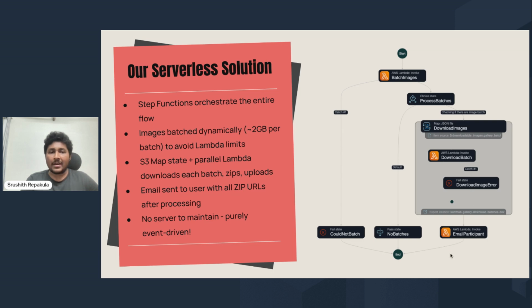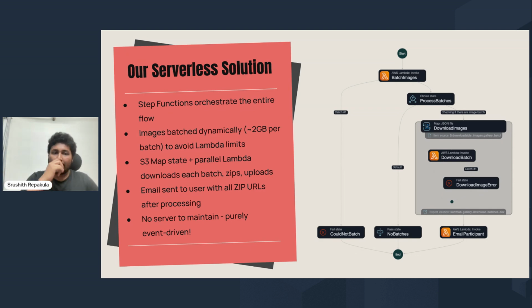At the very end, we send an email to the participant, because this is a background activity, right? The user cannot wait. It can sometimes take a few minutes to download all the images the user requested. A zip file is generated out of each map here. We consolidate all of those zips and send out an email with a link to each zip file, which is sitting in S3.